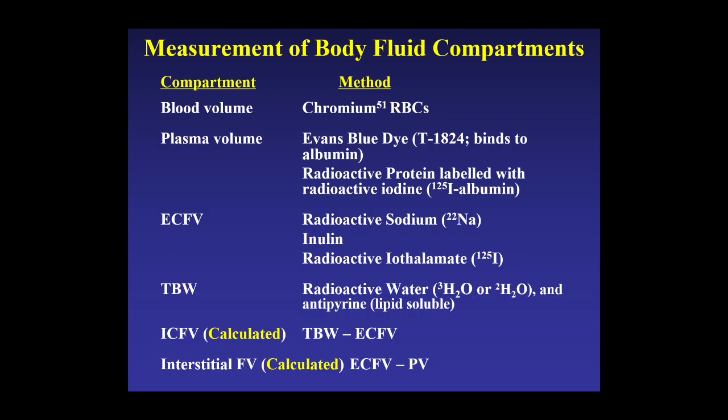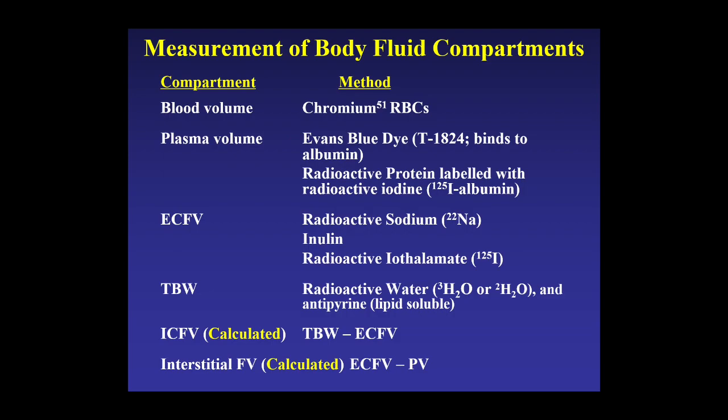How do I measure plasma volume? Well, we have a substance called Evans blue. What do you think its color is going to be? Blue. It's blue. It tags to plasma albumin, well, plasma proteins.